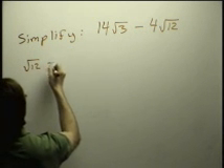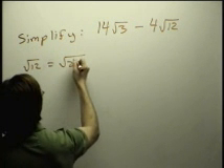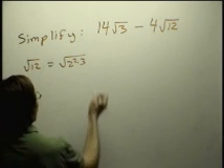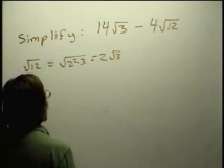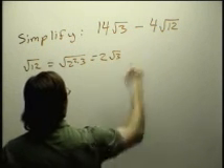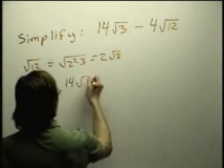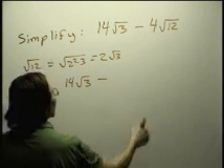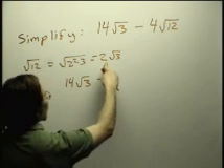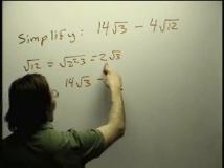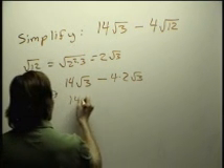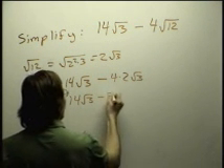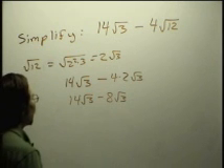Square root of 12 is equal to the square root of 2 squared times 3, which is 2 times the square root of 3. So that means what we get here is 14 square roots of 3 minus 4 times 2 square roots of 3, or 14 square roots of 3 minus 8 square roots of 3.